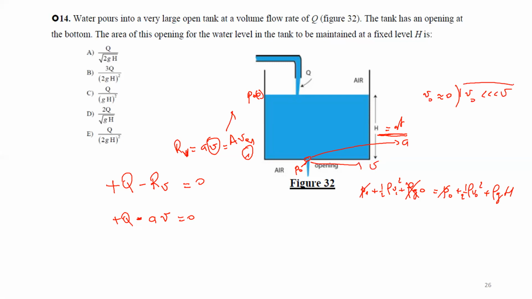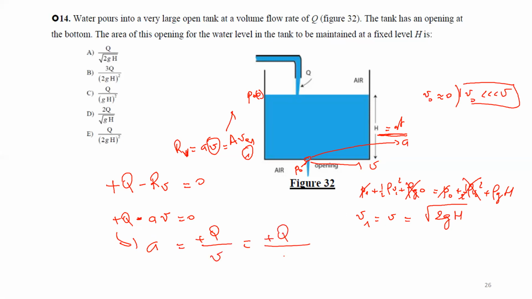So I can neglect V naught. So I end up with V1, which is V, equal to just square root of 2gH. Now let me come back here and plug it in. So this equation gives me a equal to Q divided by V, which is Q divided by square root of 2gH. So that is the first answer.